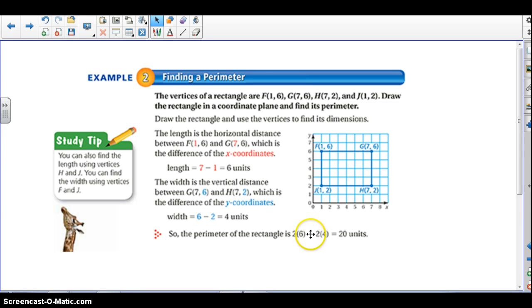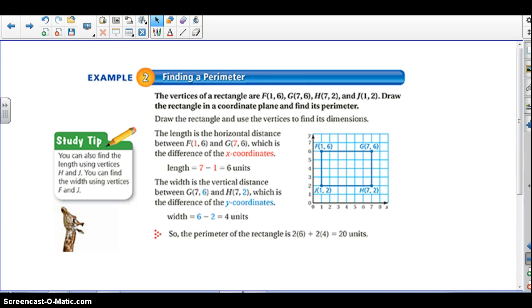You add those together using the distributive property, that's all they're doing here, and making it 20 units. Notice your study tip. You could have used J and H or F and J, because these two are the same and these two are the same.